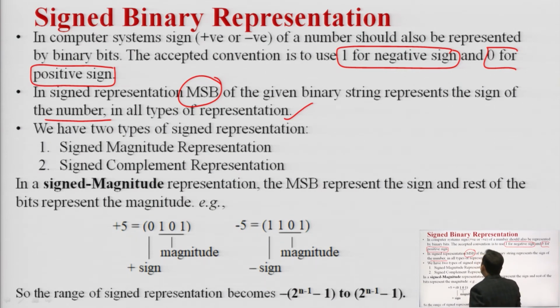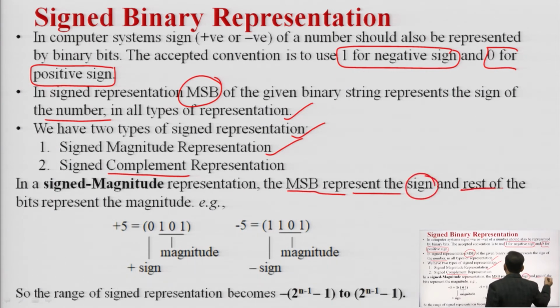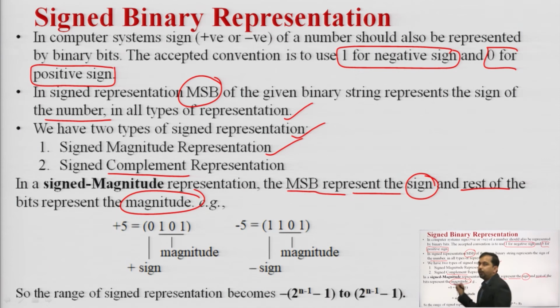We will see what the types of signed binary representation are. We have two types: one is the sign magnitude representation and the other is the signed complement representation, or sign magnitude form and signed complement form. So what is the difference over here? In sign magnitude representation, the most significant bit represents the sign and the rest of the bits denote its magnitude.